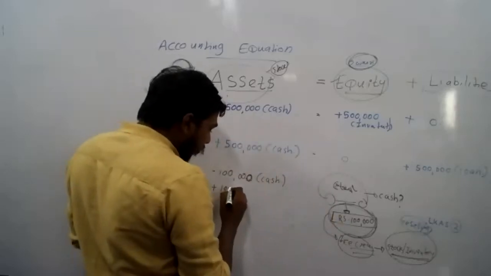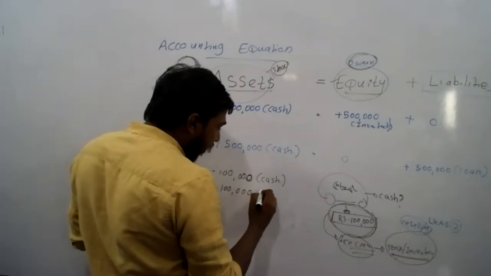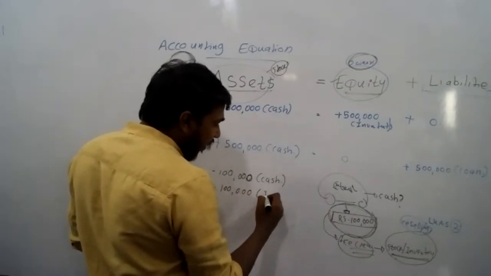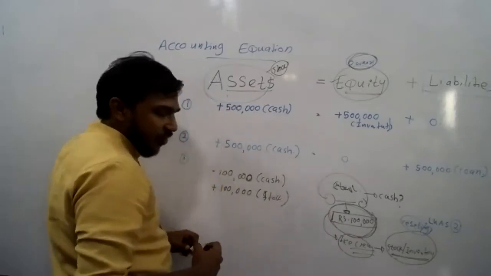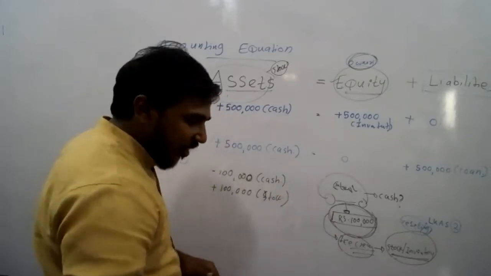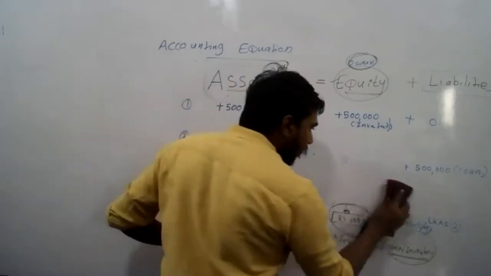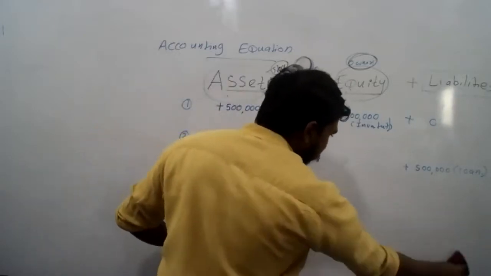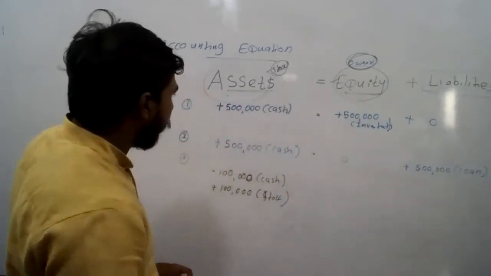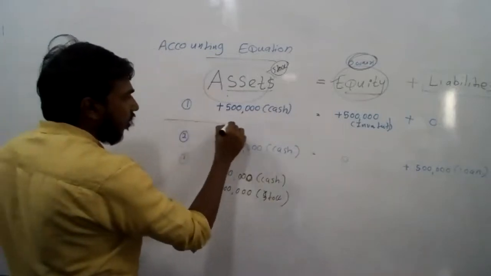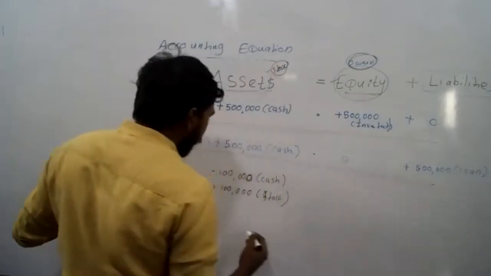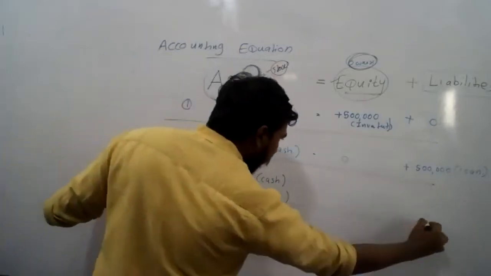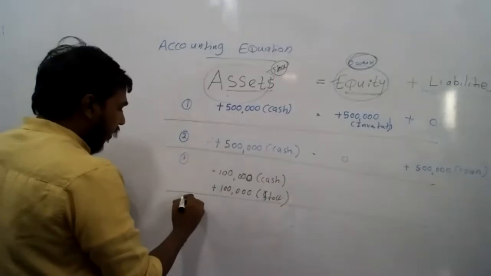So 100,000 here increases the stock or the inventory. So that is the impact for the equation. Clear? Then the fourth one.